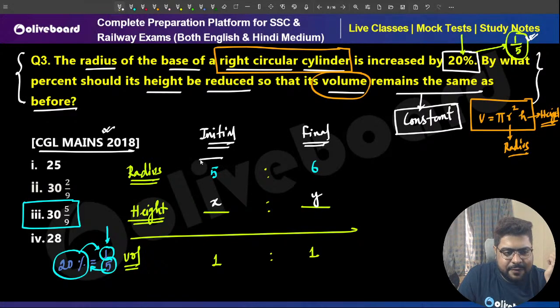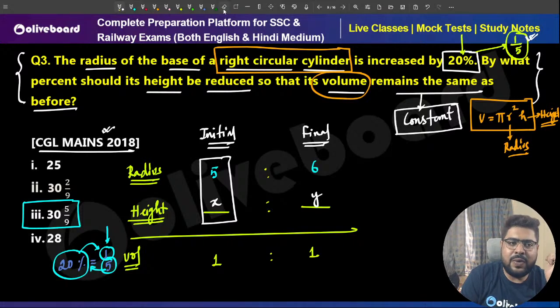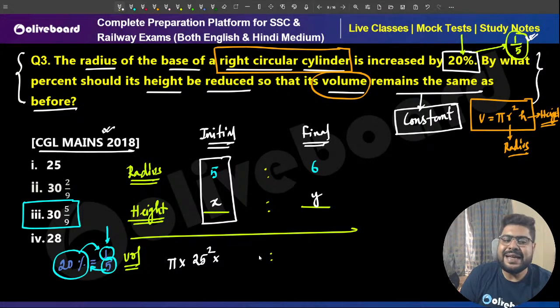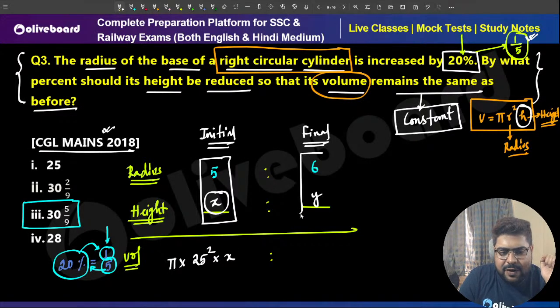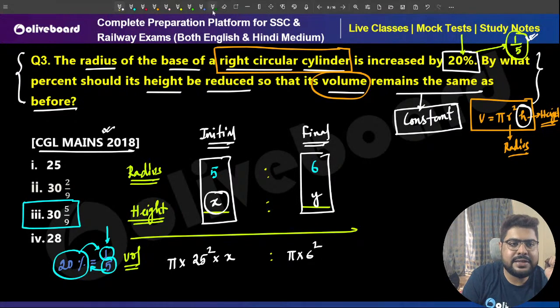What will be the volume in the initial case? Pi into r square, meaning 5 square, into h, which I have taken as x. And the final volume is pi into 6 square, that is 36, into y.